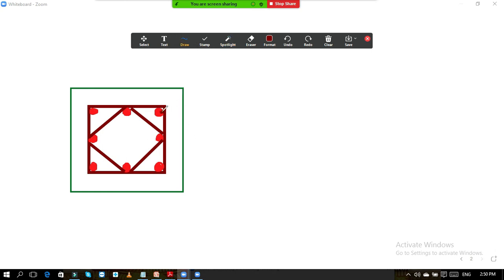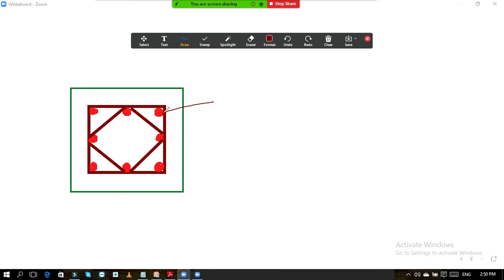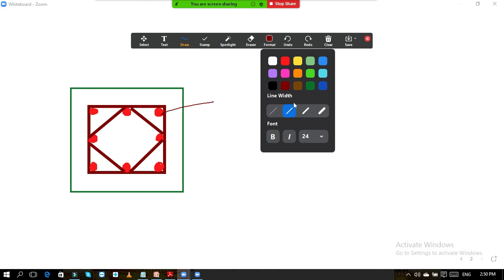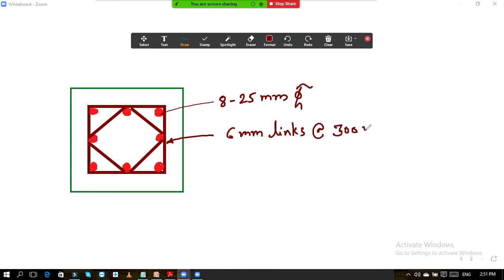Now we will give the names. These are the eight bars of 25 mm diameter. Here we can say 6 mm links or stirrups, or two-legged 6 mm stirrups about 300 mm center to center.